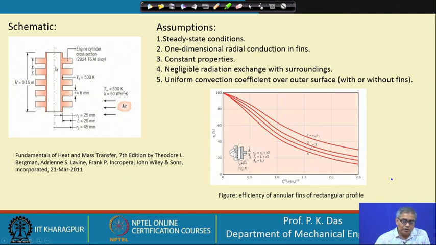There will be some fluid inside this cylinder with a higher temperature, so the cylinder body will be heated, and outside there will be another fluid that takes away this heat, so that the heat generated is dissipated to the outside fluid, which is the ambient air. So basically it is nothing but a gas to gas heat exchanger. We can idealize it as a gas to gas heat exchanger.